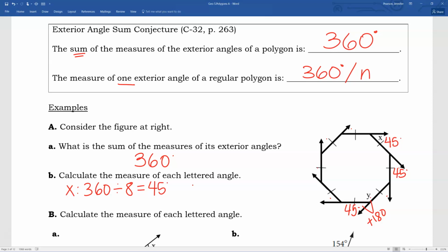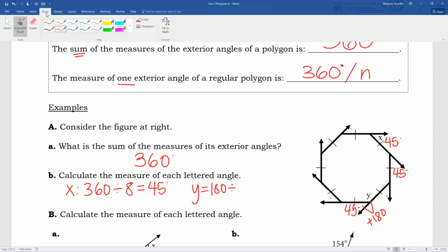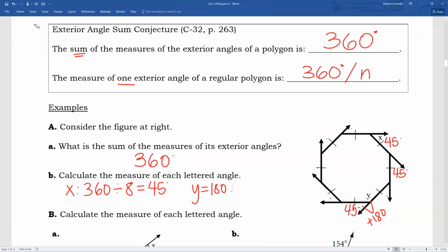So if I'm trying to get y, I can do 180 degrees minus our 45 degrees. And then that will tell us that y is 35 degrees.